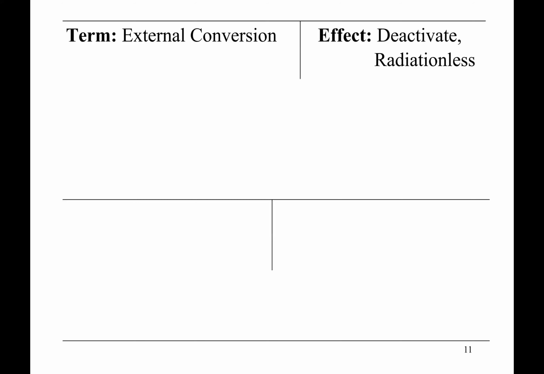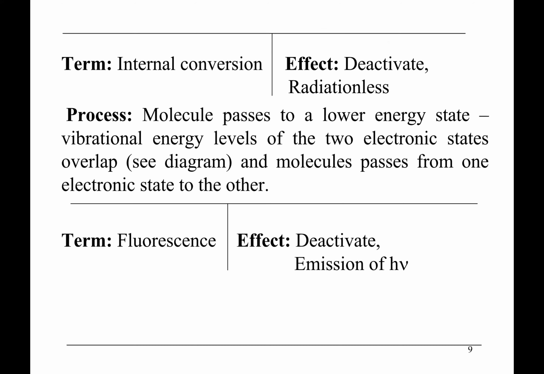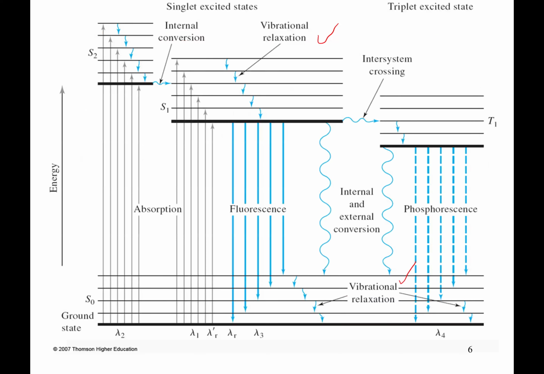Okay? The other term is external conversion. Again, look at the Jablonski diagram. Make sure you fix this in your mind. And when I've tested you many times, many of you have gotten this right. And so I'm confident you can do this very well. So in external conversion, the effect is a deactivation, radiationless. Let's flash back while we are here. So you notice again, going to the Jablonski diagram, you have here internal and external conversion.